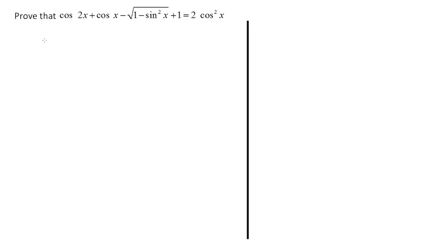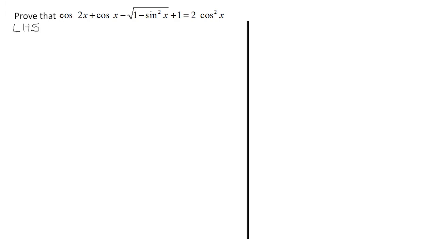We are having here another proof. Prove that cos 2x, the double angle, plus cos x minus the square root of 1 minus sine squared x plus 1 equals 2 cos squared x. Let's start once again with our left-hand side. I think you people from the other two proofs are supposed to pick up now what's going to happen here.